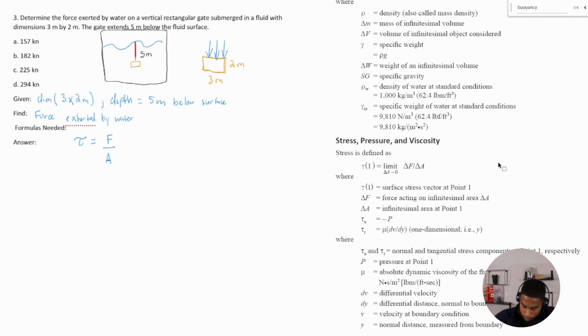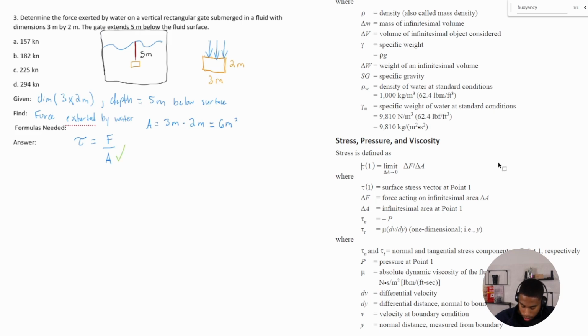So area is equal to 3 meters times 2 meters equals 6 meters squared. All right, so A we have.